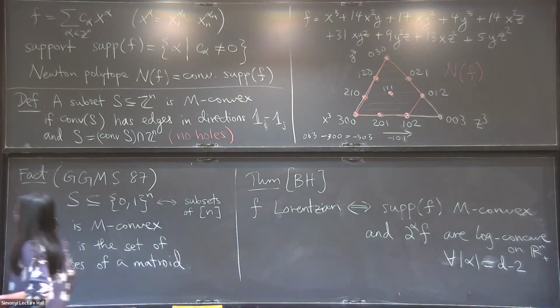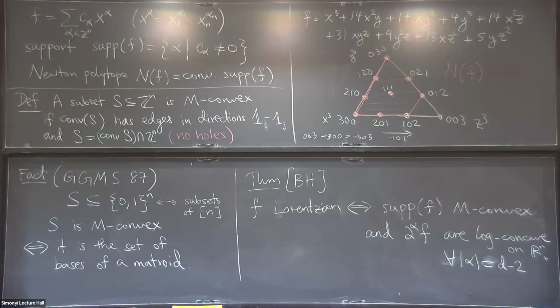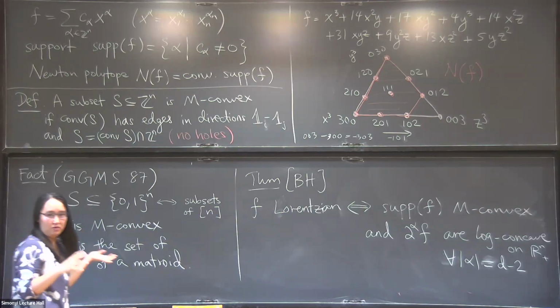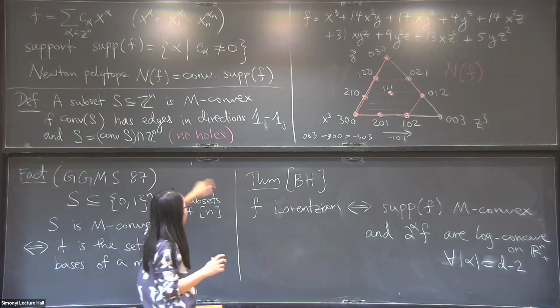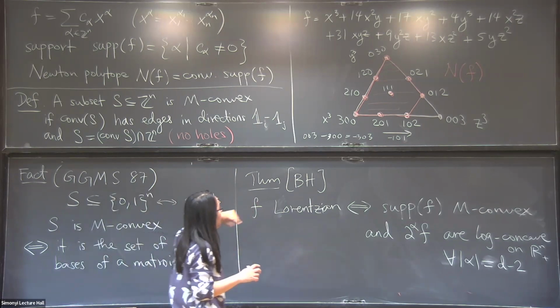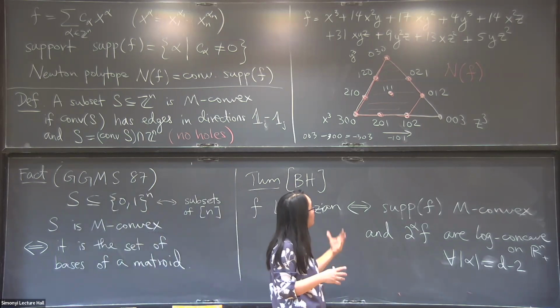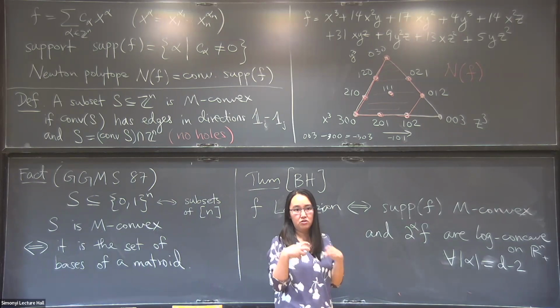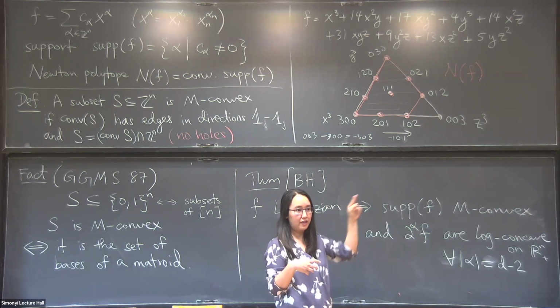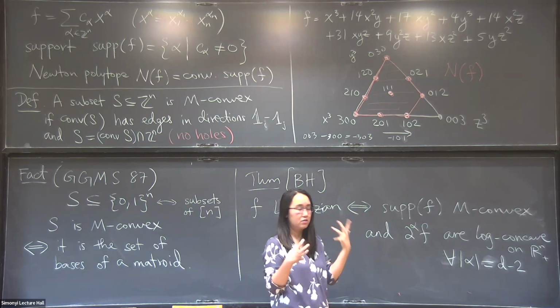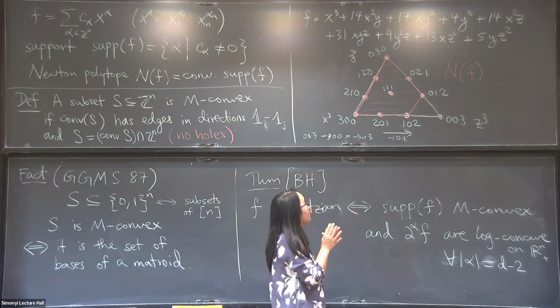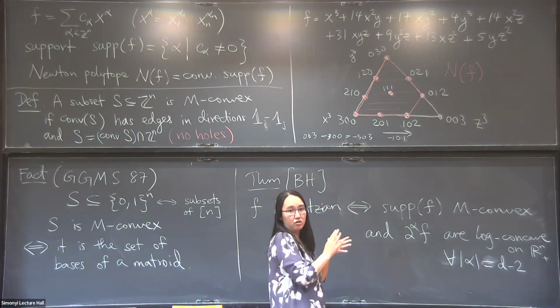There are two things to prove: the no-holes condition, and the edge directions of the Newton polytope. To pick out the edges of the Newton polytope, what is the corresponding algebraic operation? Some of you have already seen it. This is the process of taking initial forms.